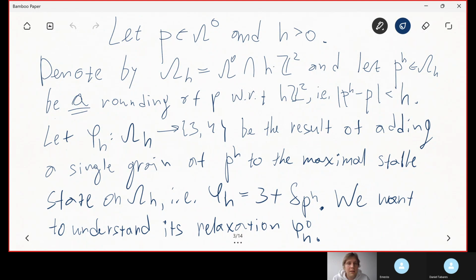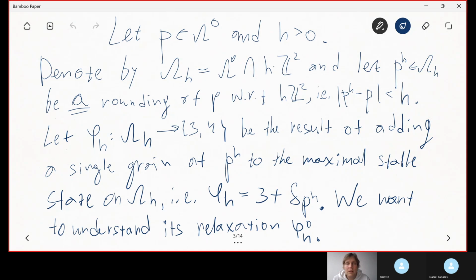We are taking a point P in the interior and some h greater than 0, supposedly small, and this is going to be the step of the lattice, so that we can take the discretization Omega_h, which is the intersection of the interior of Omega with h times Z^2, the lattice with step h, and we take a P_h in Omega_h, some rounding of P with respect to this lattice.